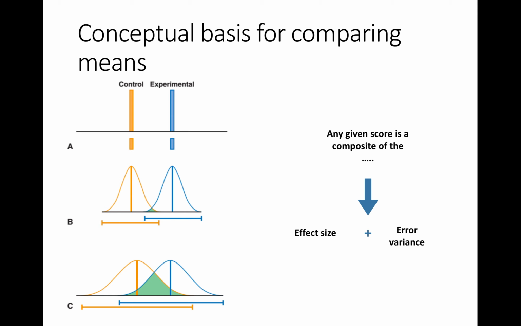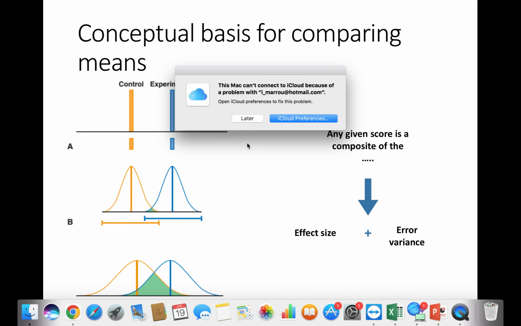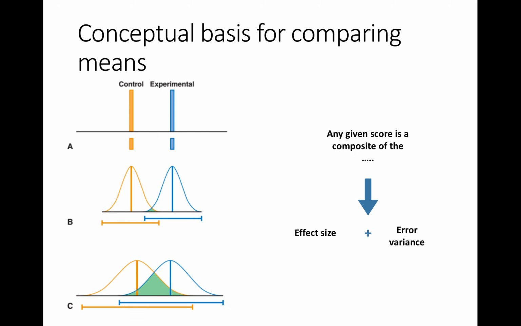But not only that: even if the two means stay the same, but the variability within groups increases, then it will be much more difficult to find statistically significant differences. If the variability decreases, it will be much easier to find statistically significant differences.